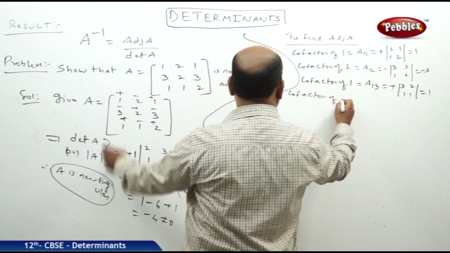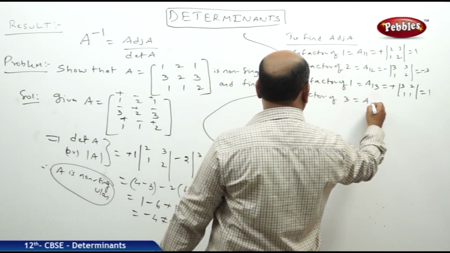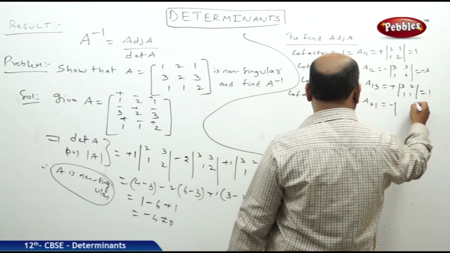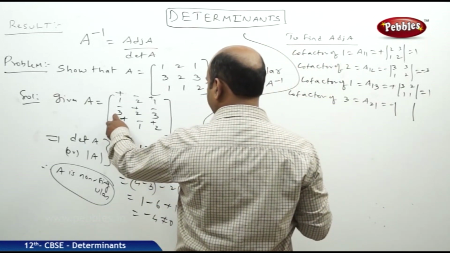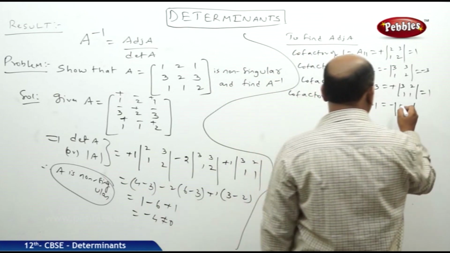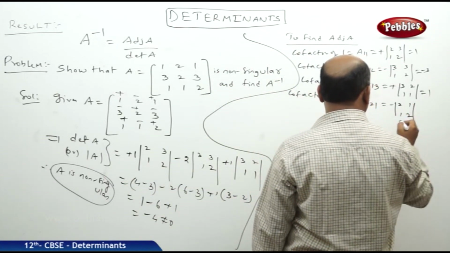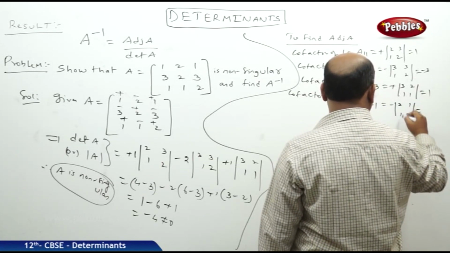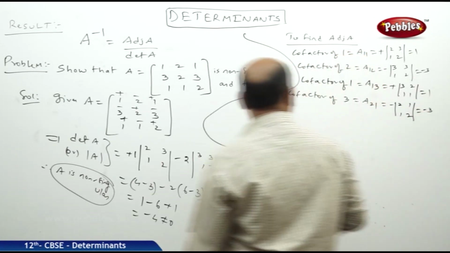Next, cofactor of the next element 3, that will be A21. A21 means here minus sign, minus into its minor. So 2 1 1 2, that means 4 minus 1. 4 minus 1, that will be minus 3.